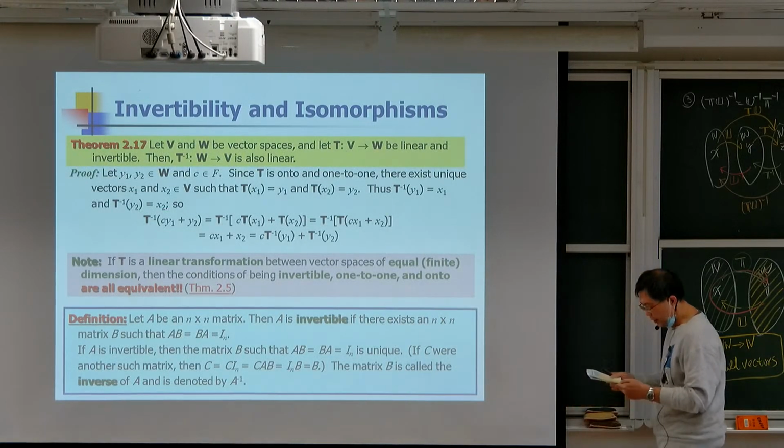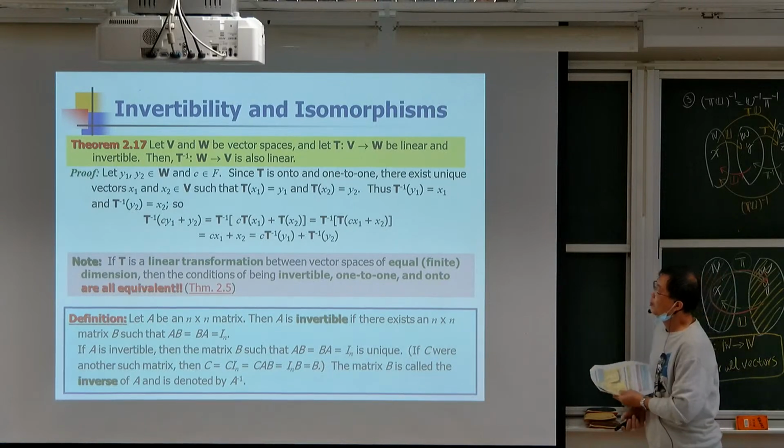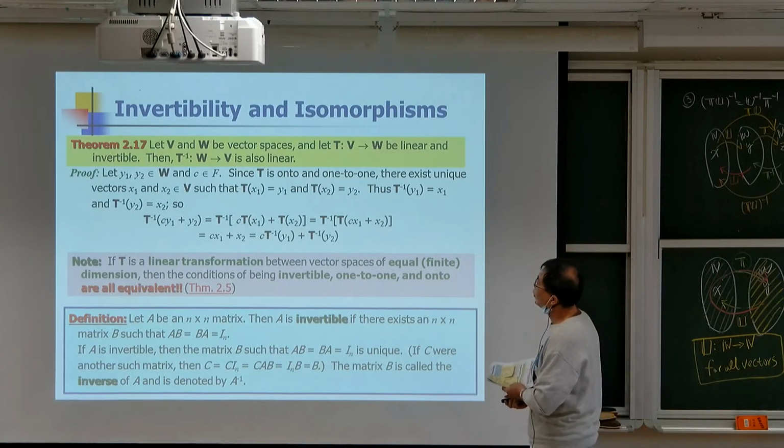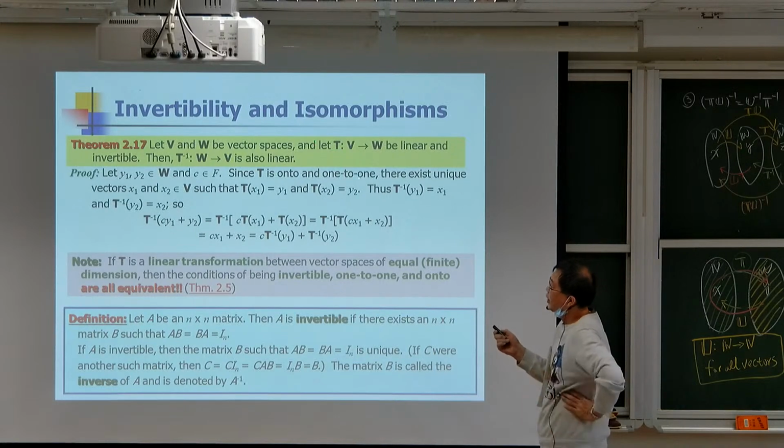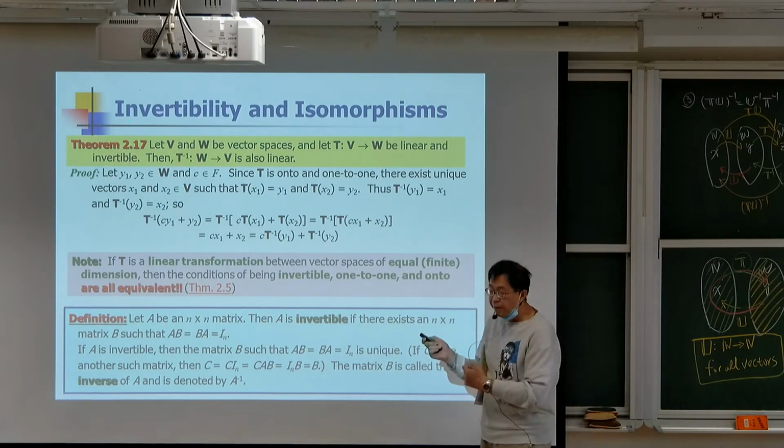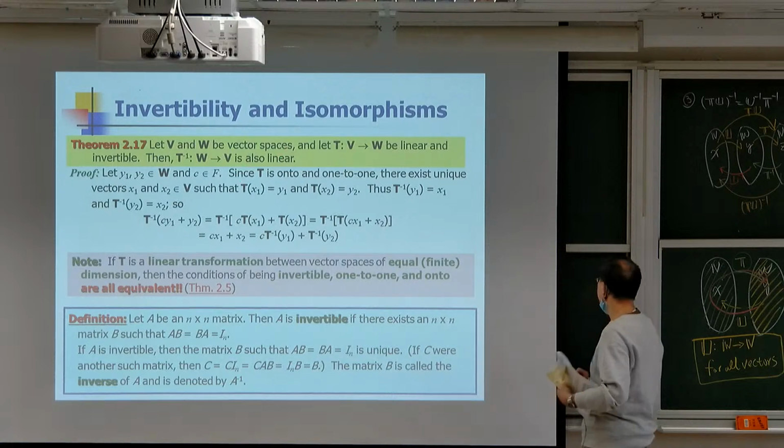Then the next one, theorem 2.17. Right now we know that a linear transformation T that is invertible has an inverse transformation that is also linear.